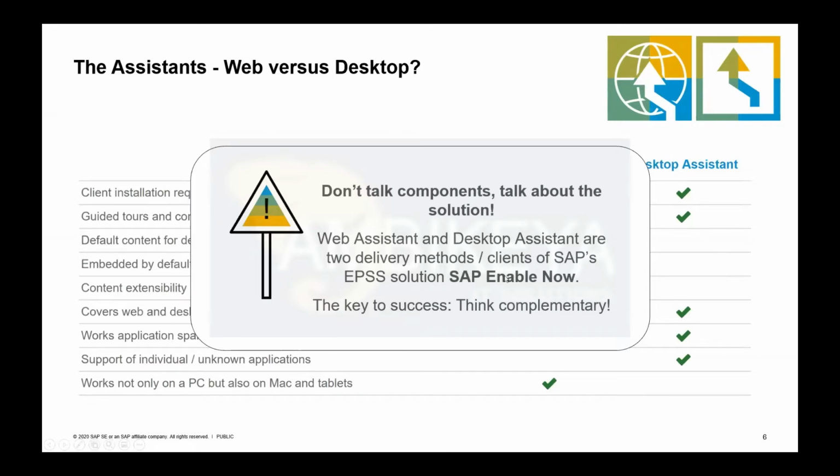EPSS with Enable Now, and that comes with two delivery methods, channels, clients, however you want to call it, which are called web and desktop assistant. In a very early stage of the project, you have to make clear to your customer that the one and the other are complementary to each other to be able to cover a complete modern workspace. This is not an either-or decision, even if it was positioned like that before we came into play.